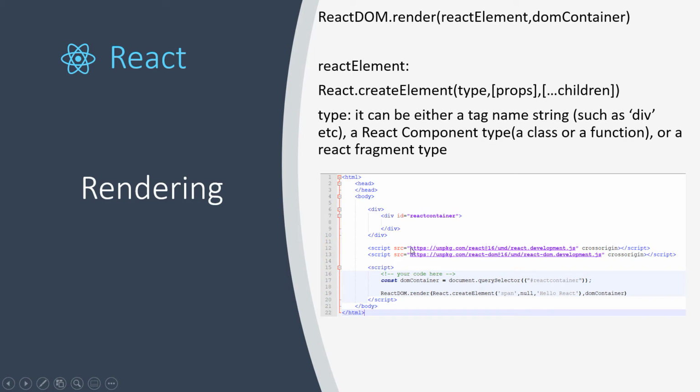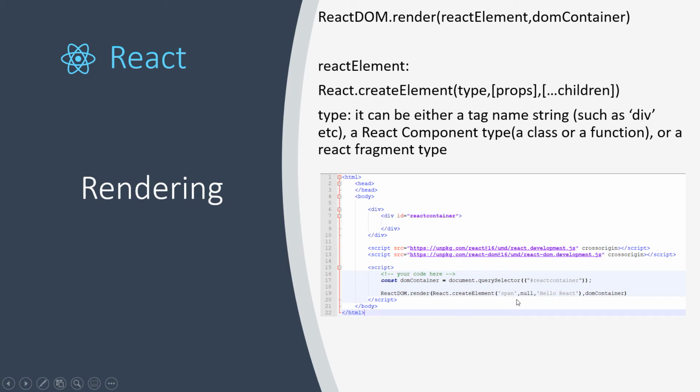Okay, so you can see, first of all, I created a DOM container using normal JavaScript, with the ID react-container of this div tag, and it returned me the DOM container. This DOM container I can pass to this render method of the ReactDOM.